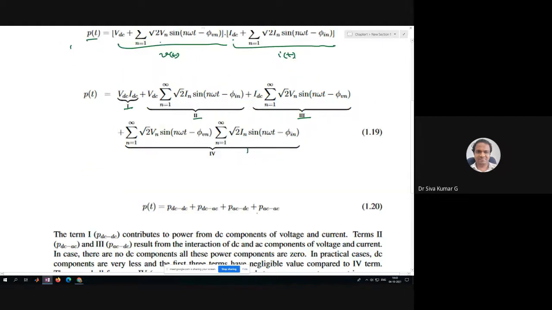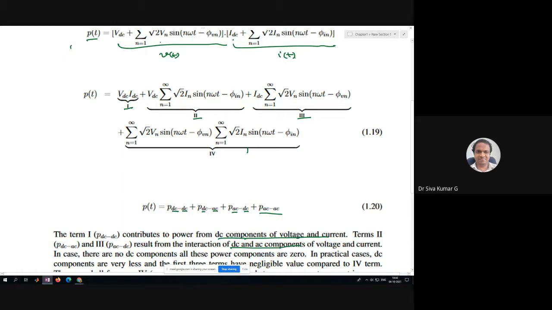Now this power p of t is represented by DC voltage and DC current, DC voltage and AC current, and AC voltage and DC current. This is the AC voltage, AC power. The first term is contributed by the DC components of voltage and current, whereas the second and third terms are DC voltage mixed with AC components.